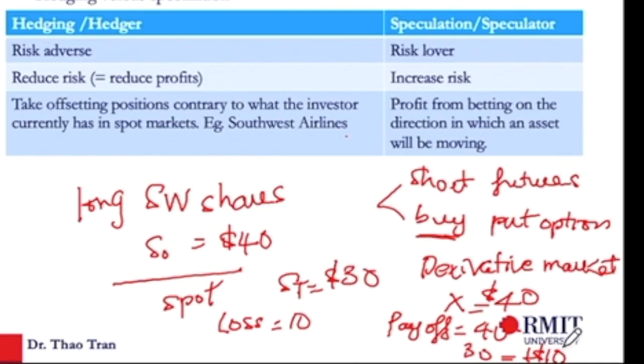You can see that the loss in the spot market is made up by the gain in the derivative market. By taking the opposite position, you can offset the loss. Whatever you make or lose in the spot market, you can make up in the derivative market. So derivatives are used to offset the risk of adverse price movements. That's the very basic example of hedging.